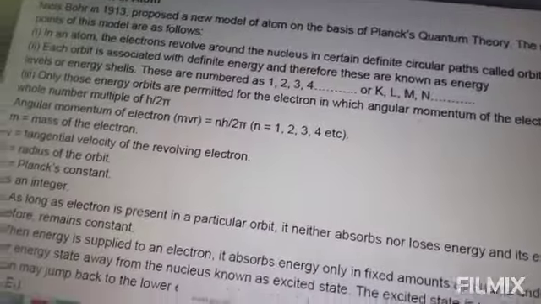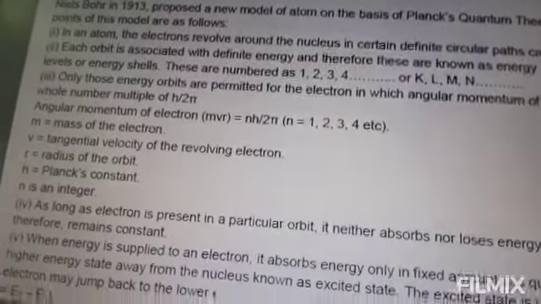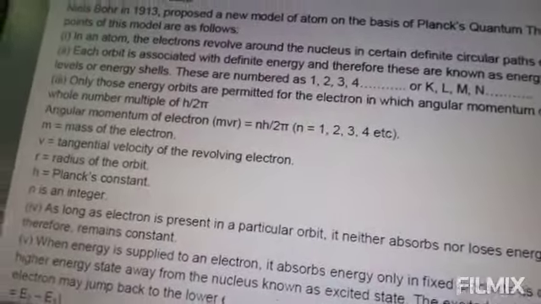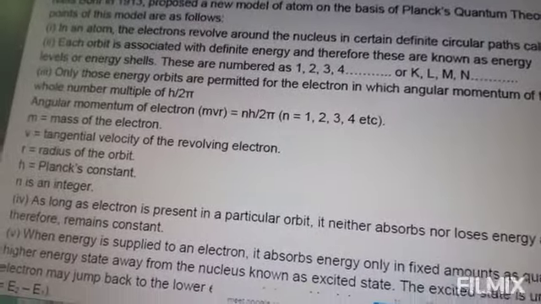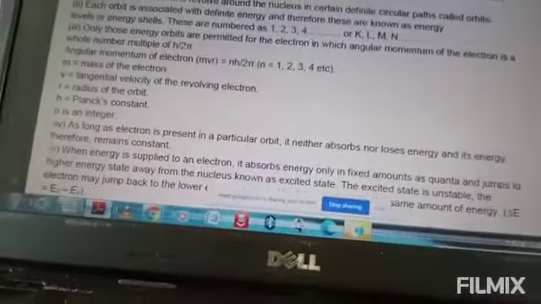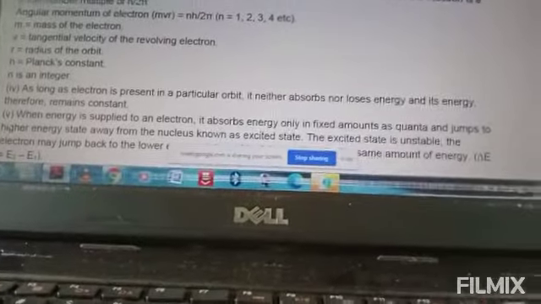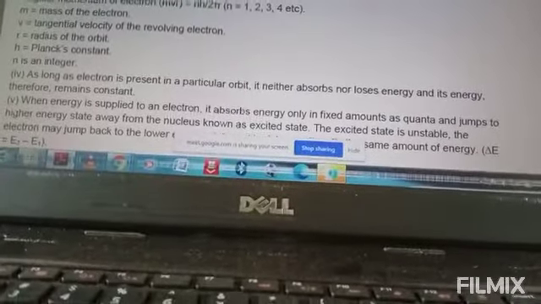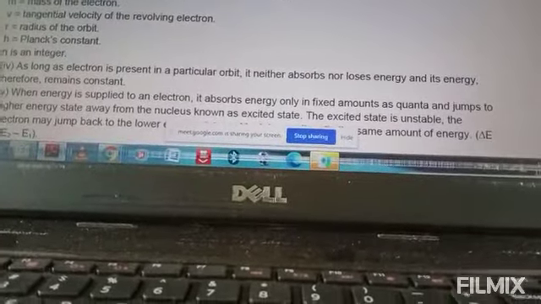We have already discussed the various quantum numbers: n indicates the principal quantum number, l indicates the azimuthal quantum number, m indicates the magnetic quantum number, and s indicates the spin quantum number, and how to find the values of n, l, m, s.